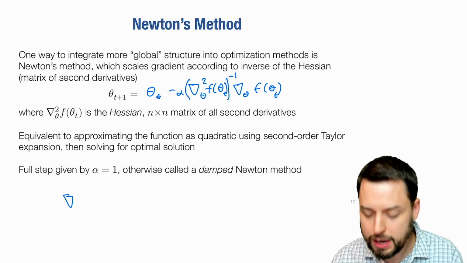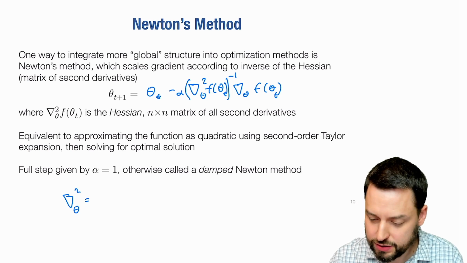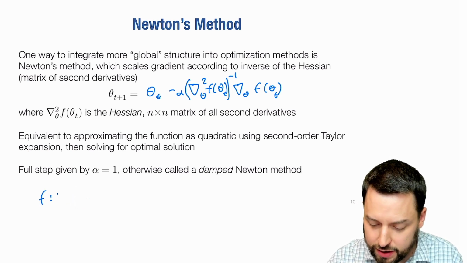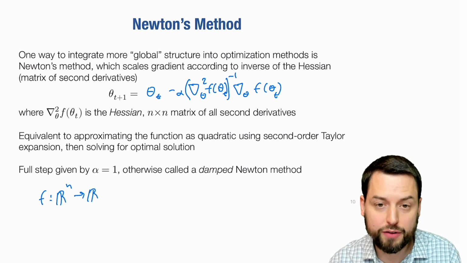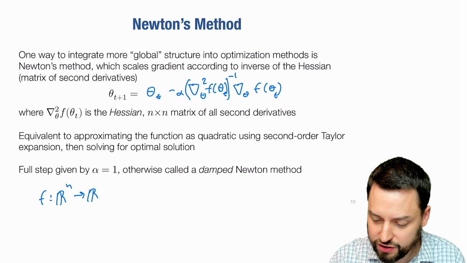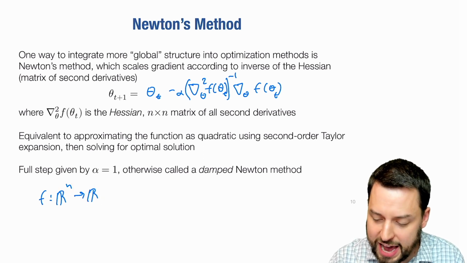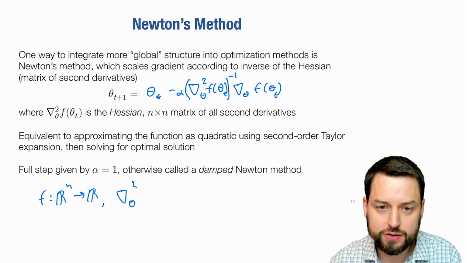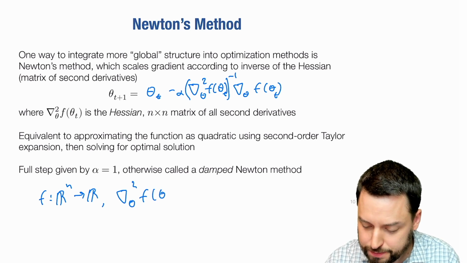In particular, the Hessian is defined as a matrix, for f mapping between R^n and R, so a scalar valued function. It's important this function takes vector inputs and produces scalar outputs. The Hessian is defined as a matrix of all possible second derivatives of this function.